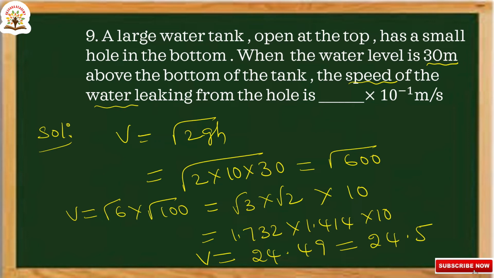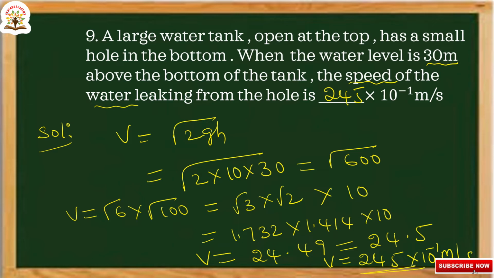Here they are asking that the speed of water leaking from the hole is dash into 10 to the power of minus 1. This 24.5 can be written as V is equal to 245 into 10 to the power of minus 1 meters per second. So, finally the speed of water is 245 into 10 to the power of minus 1 meters per second.